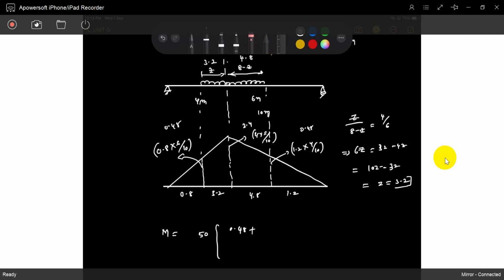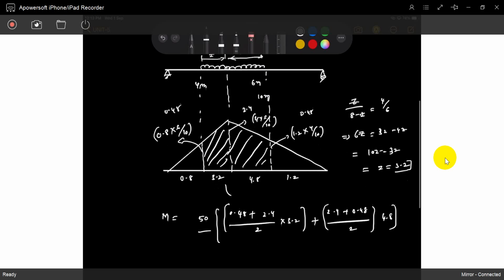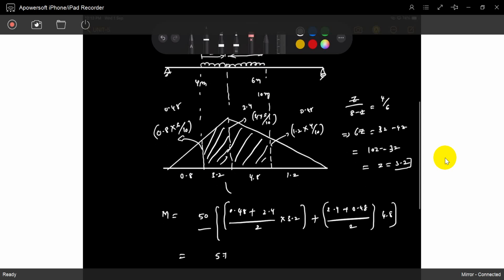Then 2.4 divided by 2, multiplied with this 3.2, is the area. Against that, the other area is 2.4 plus 0.48 divided by 2, multiplied with 4.8, multiplied with the intensity 50. So we get 576 kilonewton meter. That's it, a very simple problem.